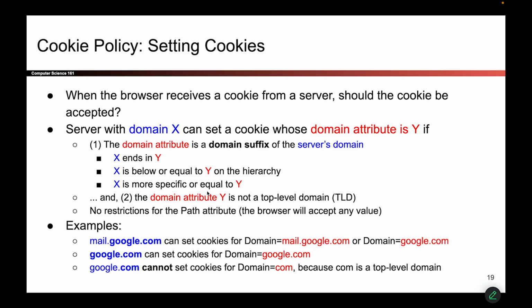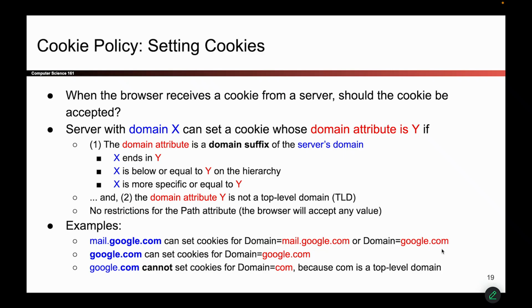So we're actually going to forbid cookies from having just this so-called top-level domain in their domain. It's just too broad. There's no way that a com cookie makes sense because it would apply to every single .com website, and that's just too broad. So it does make sense for Gmail to set cookies for all of Google. That's OK.